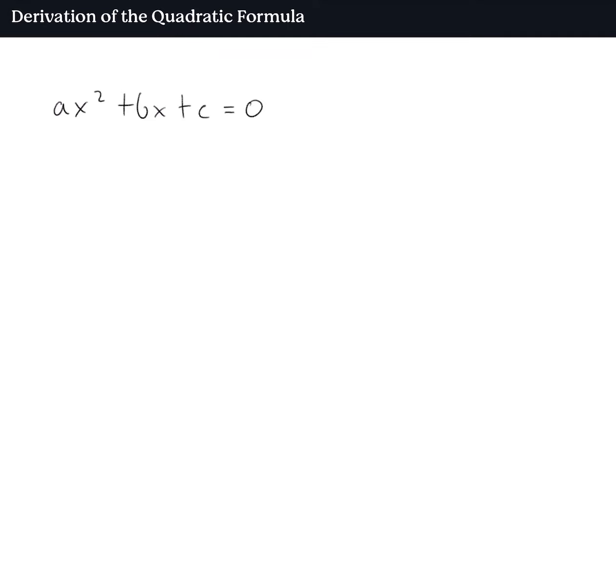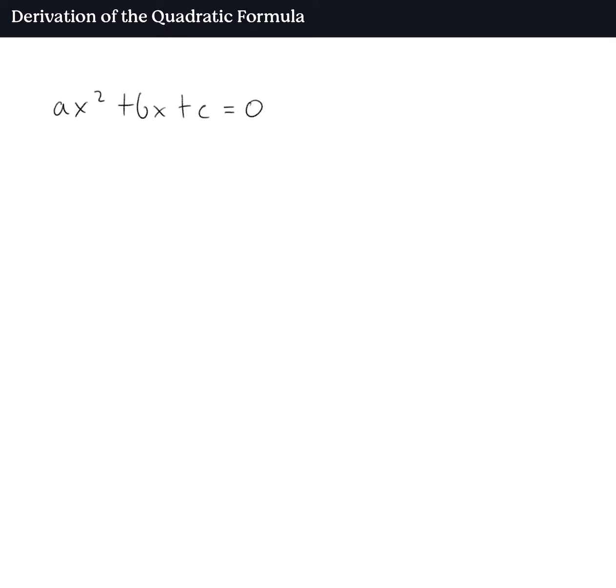And we set it to 0 so that we can solve for what the values of x could be. And we want to find a formula which works generally for such coefficients so that we can just use the formula without having to solve every single quadratic equation from first principles. So we'll get to the actual formula at the very end.